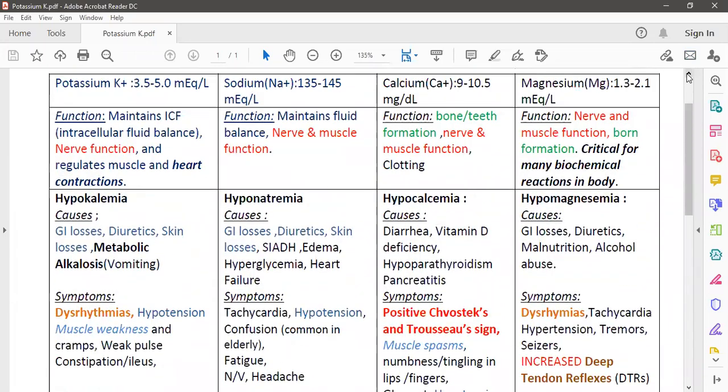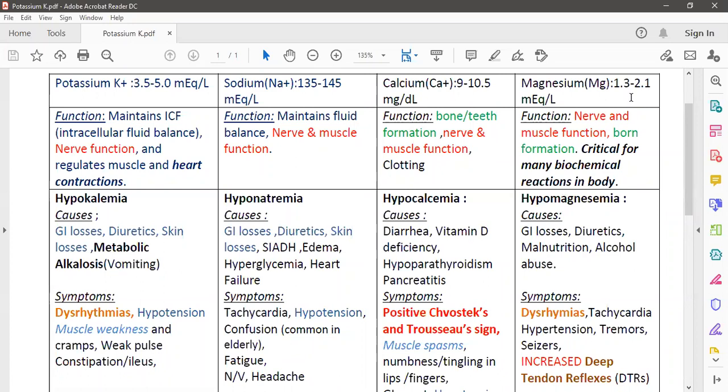The last one here is magnesium. What is the normal range of magnesium? 1.3 to 2.1. If the magnesium level is less than 1.3, we say hypomagnesemia.